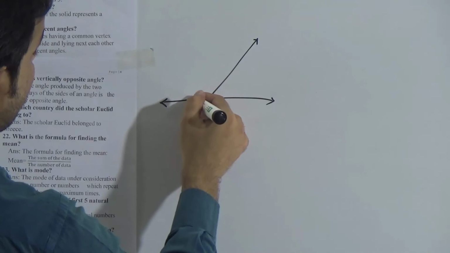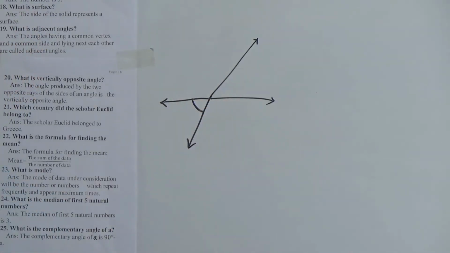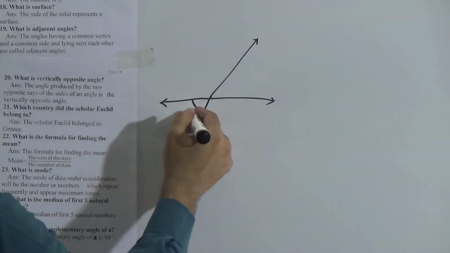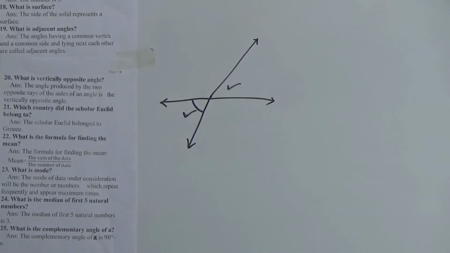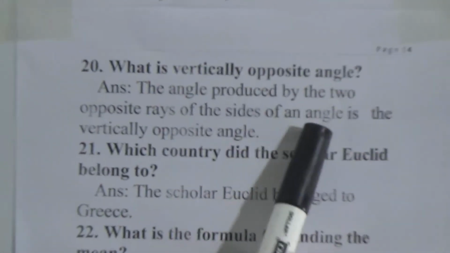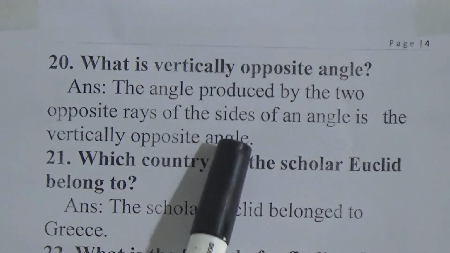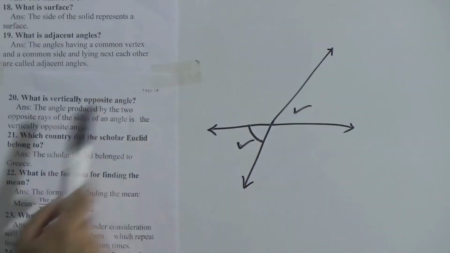So the angle produced by two opposite rays of the given sides of the angle is this one. So this angle is known as the vertically opposite angle of the given angle. So we can say the angle produced by two opposite rays of the sides of an angle is the vertically opposite angle. So this is the vertically opposite angle of this one.